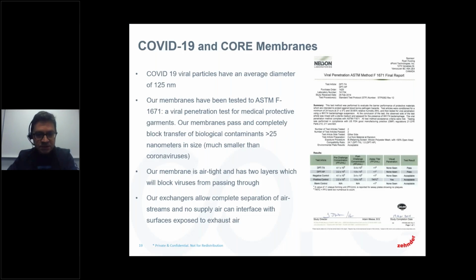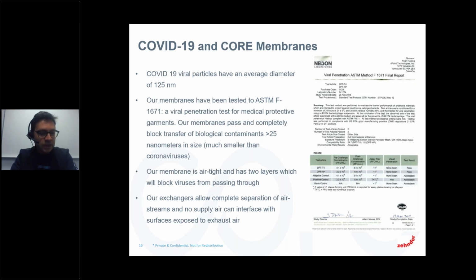And I was asked just to touch on, in these times, the viral blocking aspects of our membrane. When we had developed this material, we had done some tests quite some time ago to just confirm if any of these types of species can pass through the membrane.